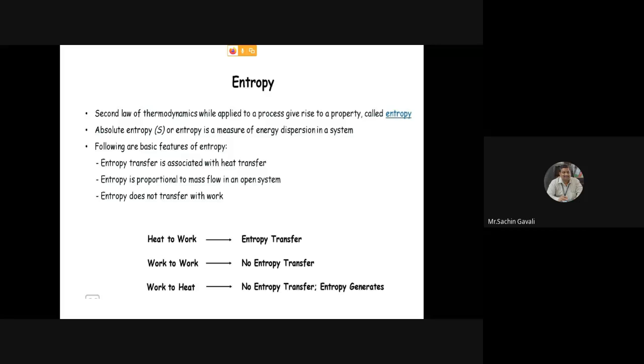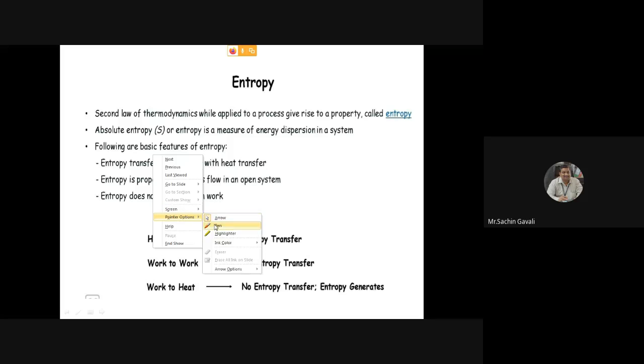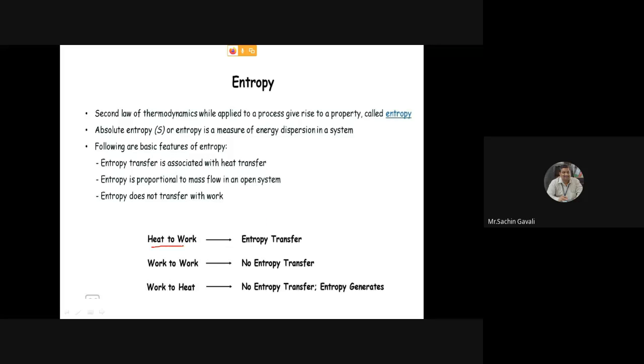Then entropy transfer is associated with heat transfer. If heat transfer is taking place, then entropy transfer takes place. If work to work transfer is taking place, there is no entropy transfer, because work is a pure form of energy. In the pure form of energy, disorder is not there, and therefore no entropy transfer will be there when work to work transfer takes place.